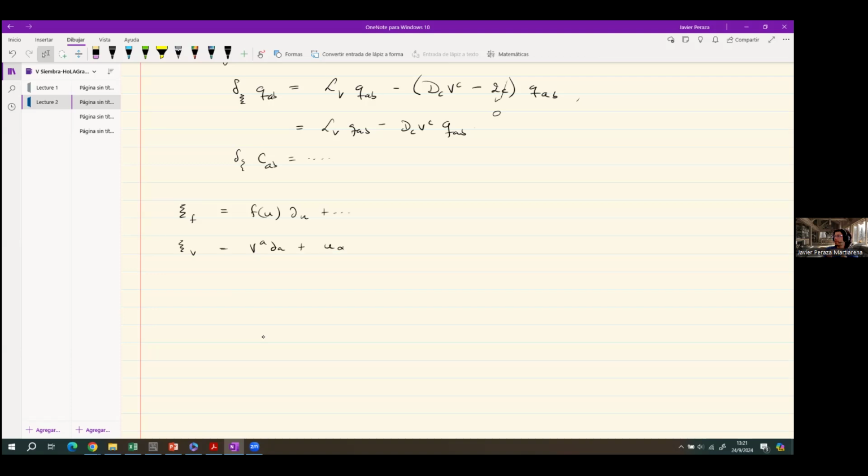Plus U of, let's call it like this. Okay. And these are what is called the generators of supertranslations. And these are the generators of superrotations.